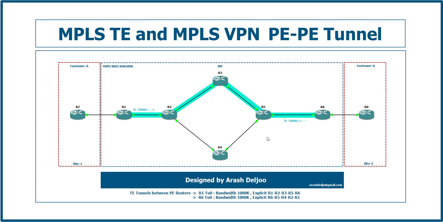Don't worry about traffic engineering, because here I'm not going to talk about a new feature of traffic engineering. Here we are talking only about the relation between TE and VPN, and how we can use this relation. If you don't know about MPLS Layer 3 VPN, you can't understand this video, so first watch the MPLS Layer 3 VPN video.